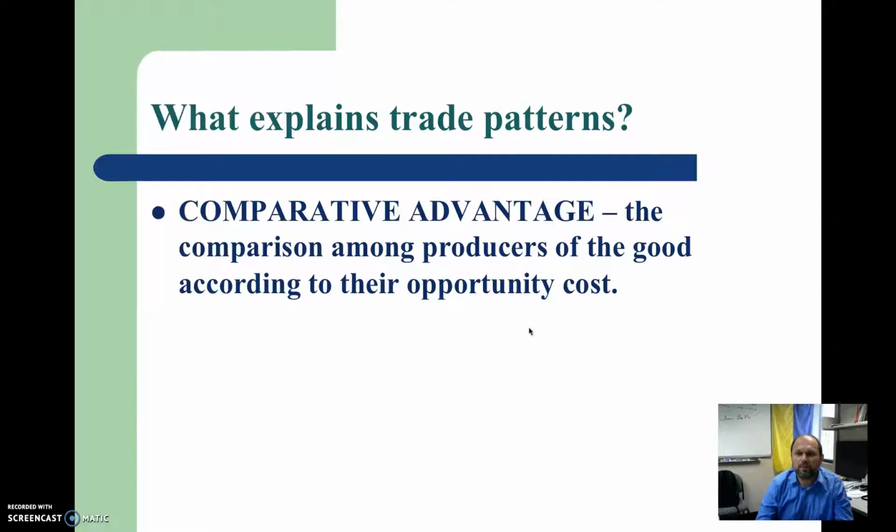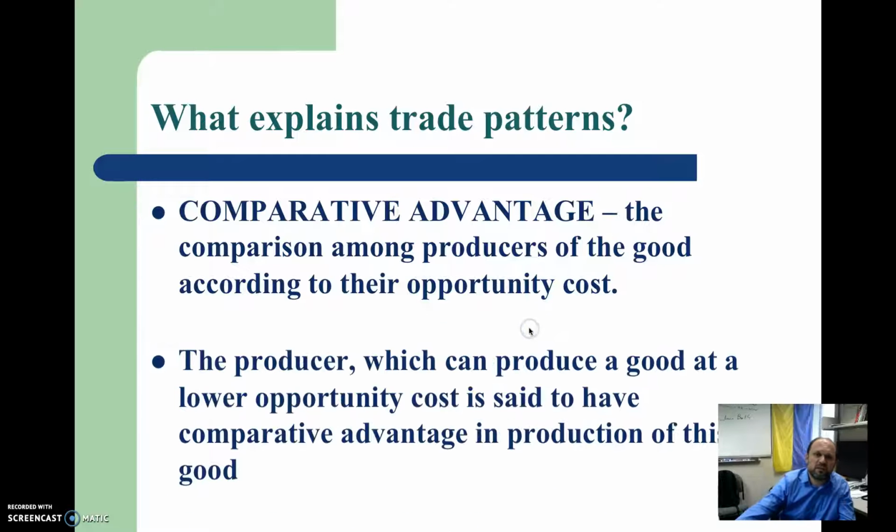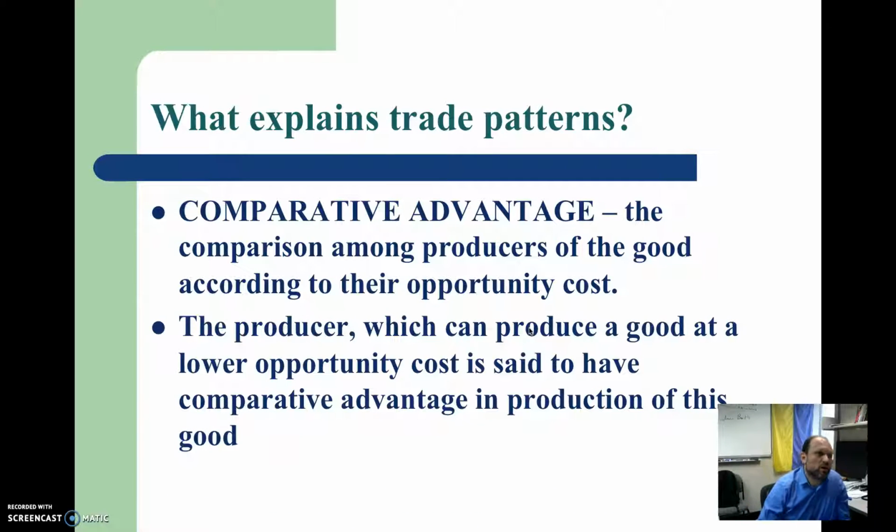Once we figure that out, we compare the opportunity cost between the two countries, and we say the country that has a lower opportunity cost of this good has a comparative advantage in it, at which point the theory would tell us that this country should focus on this particular good. So if we figure out that Germany has a lower opportunity cost than France in beer, for example, then Germany should be producing beer. And if France has a lower opportunity cost of wine than Germany, then France should be producing wine.